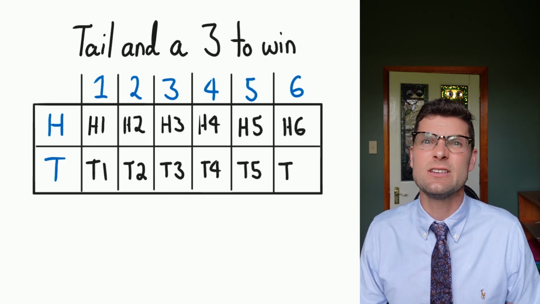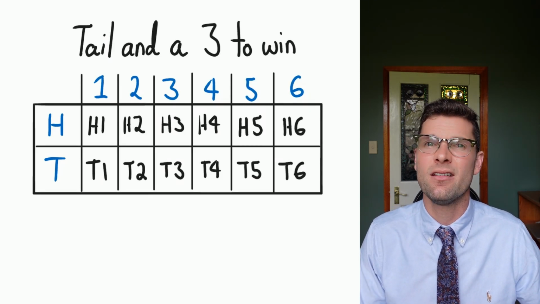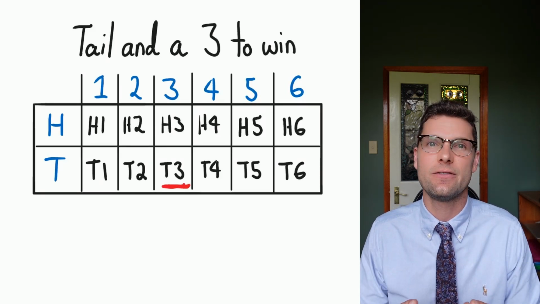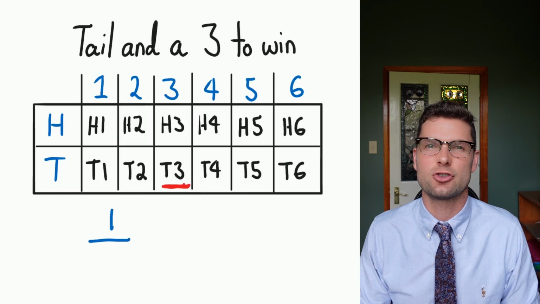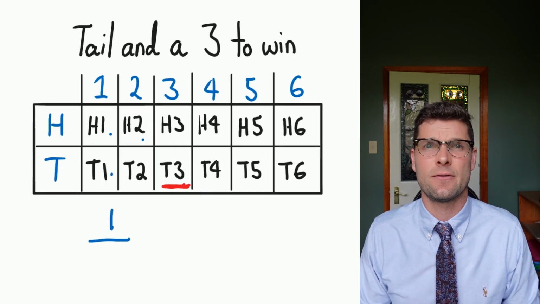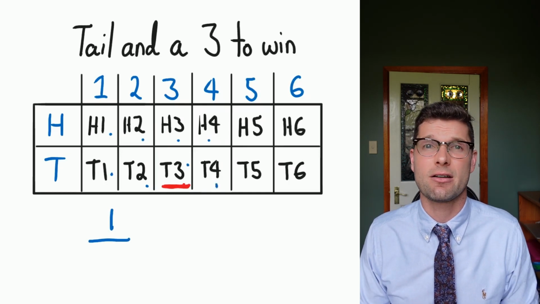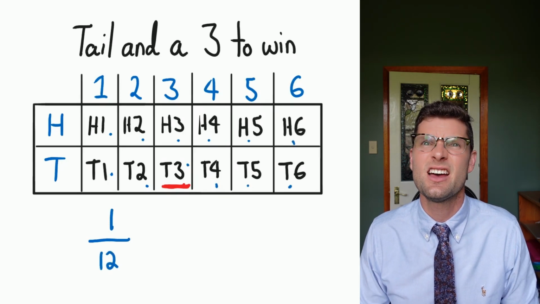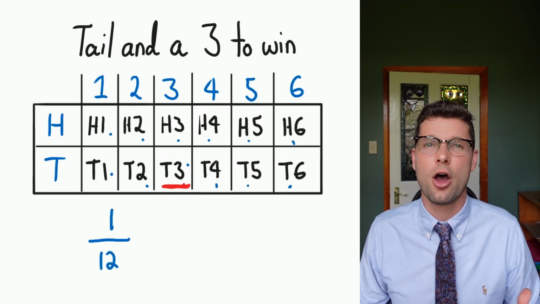Then all you need to do is work out, how do I win? Tail 3. So there's only one option out of these that gets me the win. And then I just have to divide that by all the possible outcomes. You can count out pretty easily that there are 12 outcomes. So my probability is 1/12.